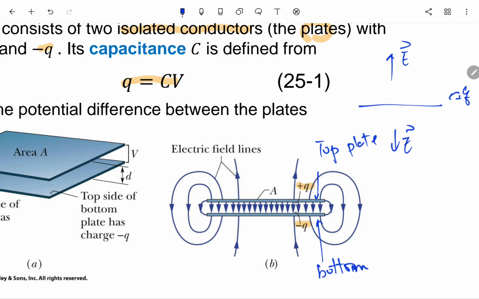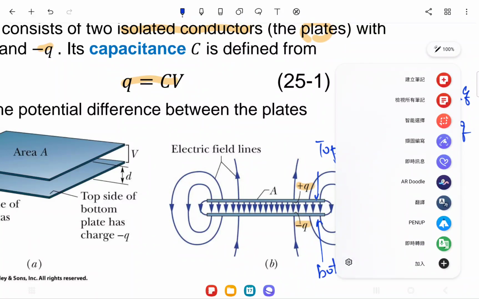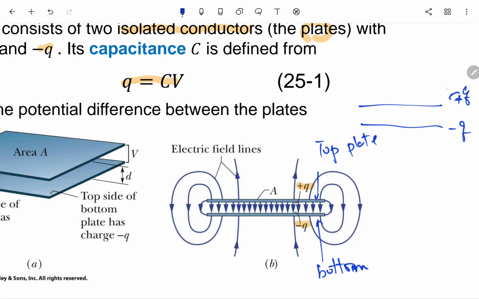If we have a parallel plate, which we also assume to be very large, with plus Q and negative Q, then it will generate a uniform E field in between, and E is zero for the outside part. Roughly like that.